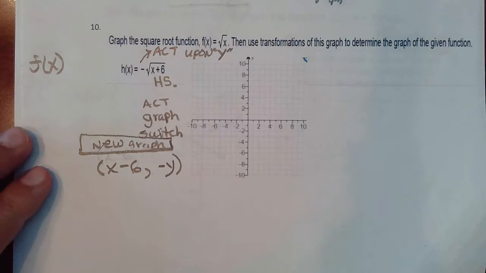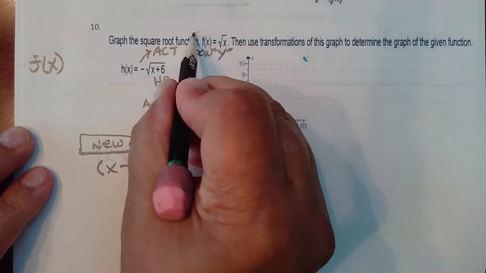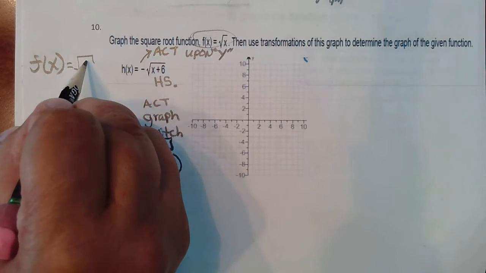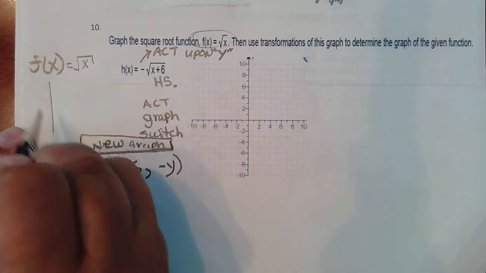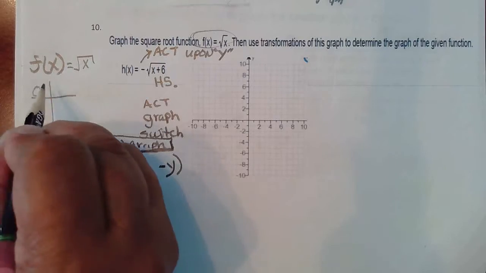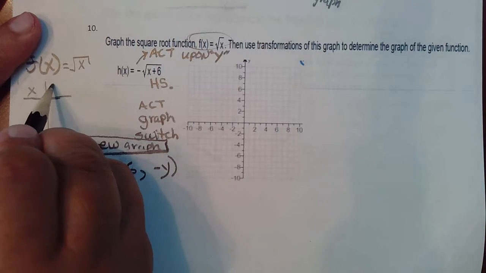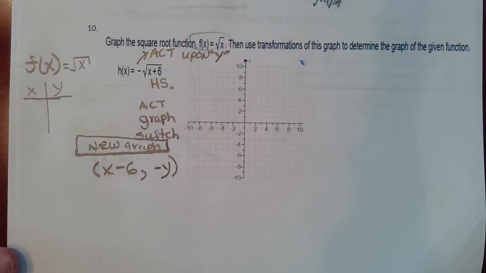Okay, so let's get the original set of values. And the original set of values comes from the original function, just this raw basic function with no alterations. Again, if you see that you're taking square roots, why not use values that are easy to take the square root of? This will be my x's. Okay, you know when you're designing a graph yourself, you pick whatever you want for x.